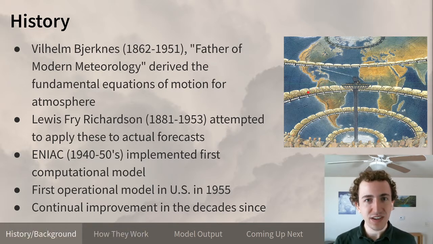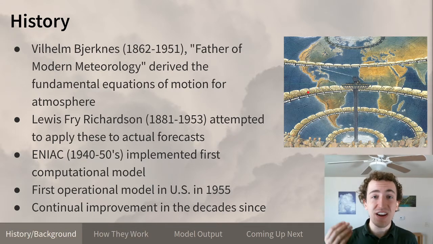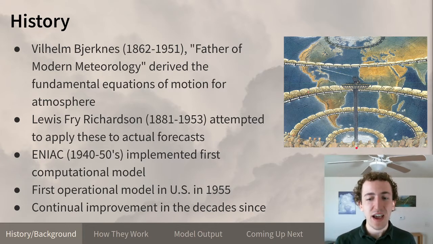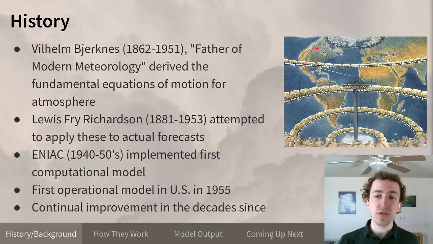individual humans computing their little portion, you instead have computer processes running, and these can be scaled up and run both in parallel and in series, one after another, in order to depict what's happening around the world.